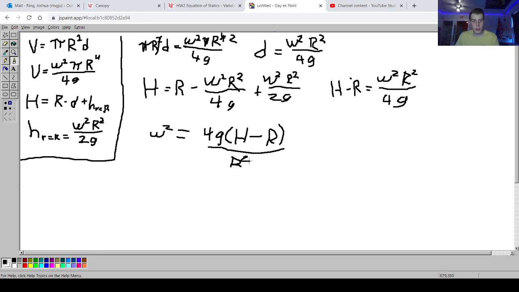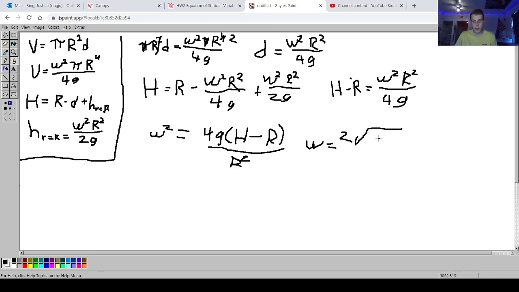So now, last step is just a square root. So we get our angular frequency being equal to square root of 4 is 2, and then this will have to be in a root, obviously.